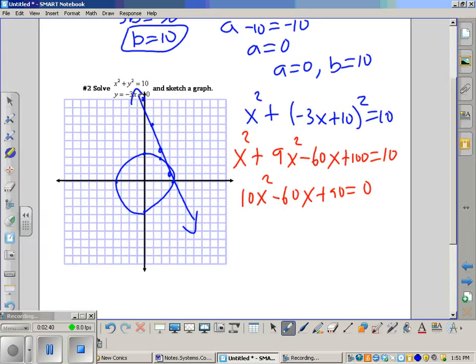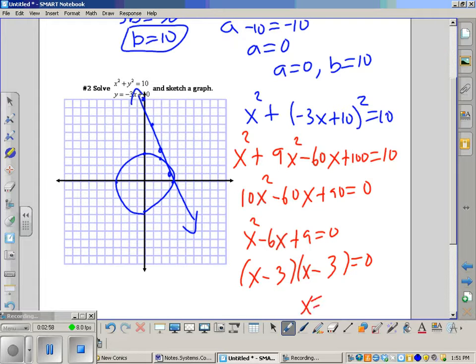So there's 10x squared minus 60x plus 90. And you can see that you can factor out a 10. So really, it looks like it's x minus 3. So x is 3. And when you plug back in, I guess we were right, 3, 1.